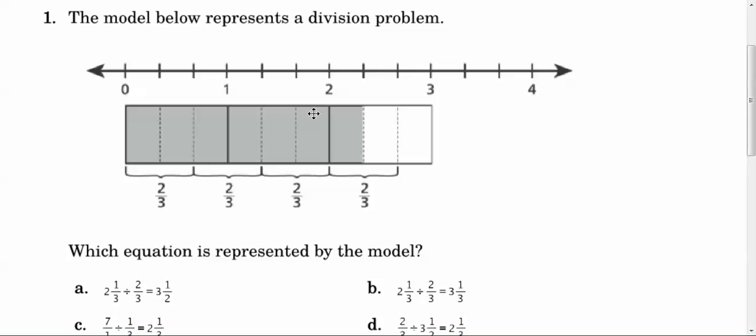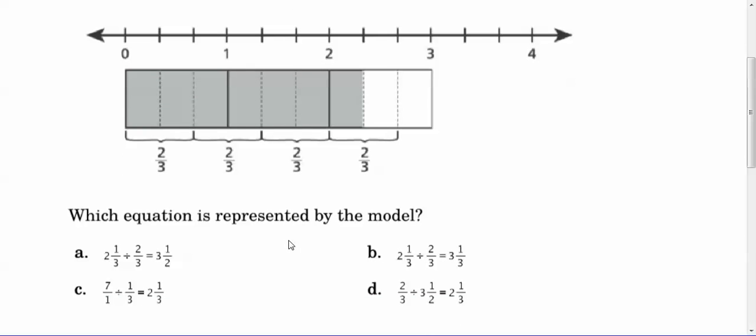So in this example, you'll see that there are 2 1/3 boxes shaded gray, okay? And it is being cut into sections that are 2/3 of a unit. So we have 2 1/3 being cut into 2/3 units. The question asks which equation is represented by the model.